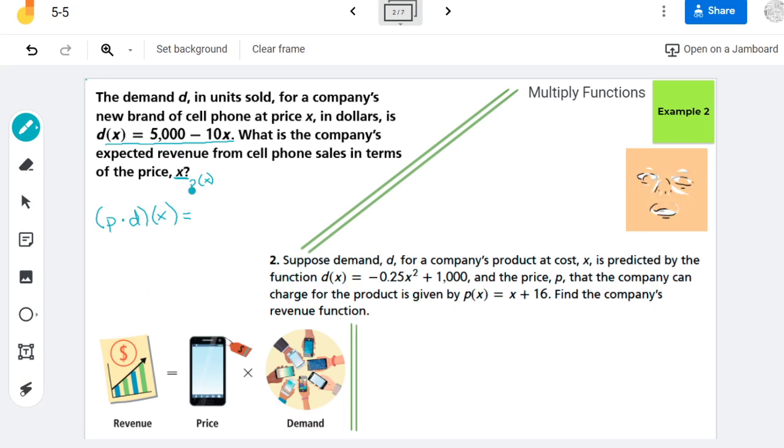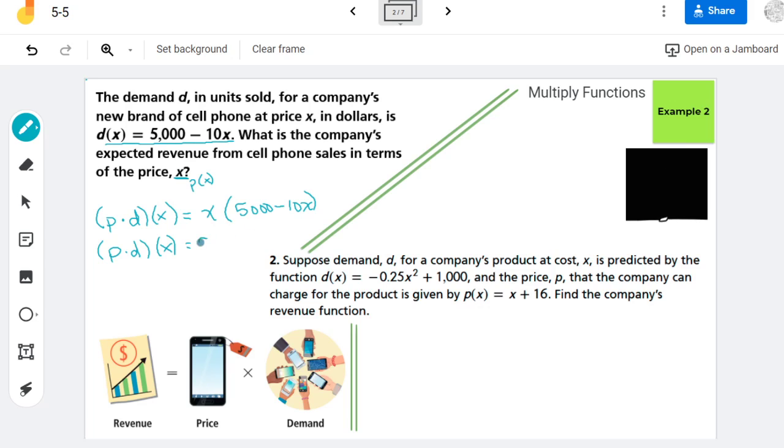So remember, our price function is x, and I'm multiplying it times the demand function, which is 5,000 minus 10x. And the only thing that I need to do here is distribute. So P times D of x is 5,000x minus 10x squared, because I used the distributive property there.